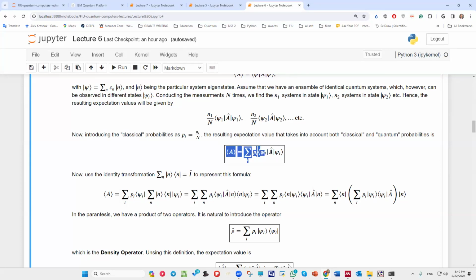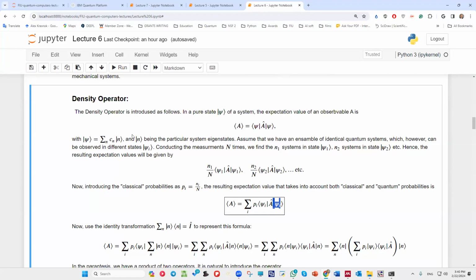We will get this formula here for the actual expectation value of observable A. So now this formula takes into account not only quantum probability, which is encoded in the psi vector. Right?